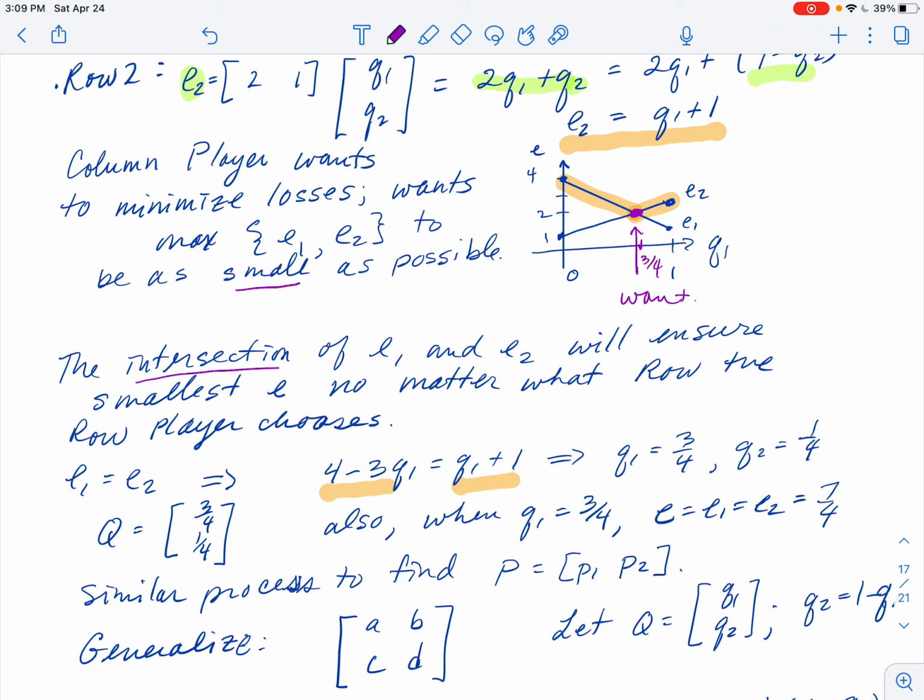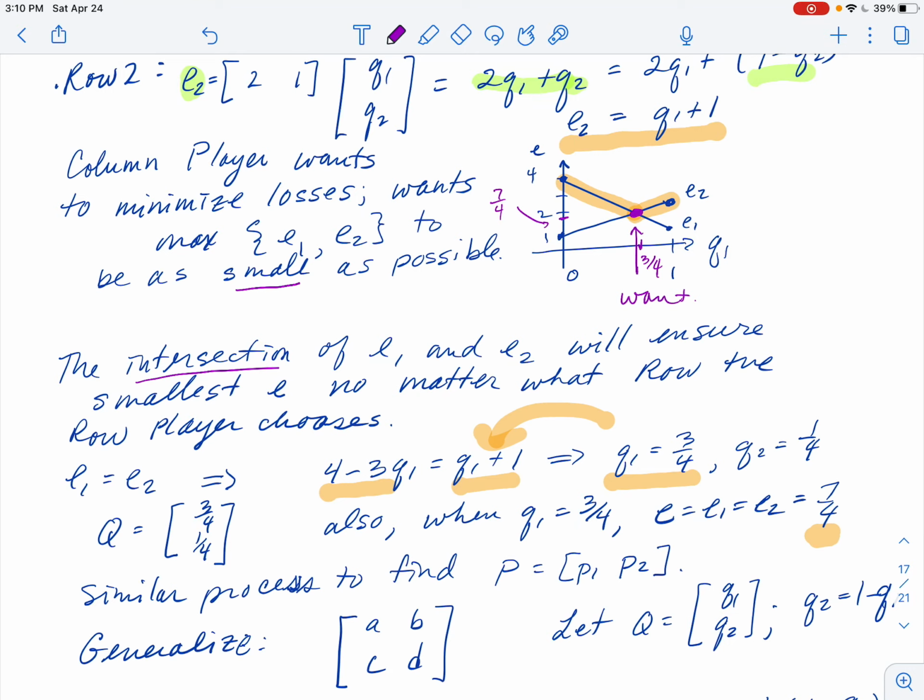And also notice if we put this Q1 into either one of these formulas, let's put it into this one here, then we would get our E value of 7/4. And it would also work if we put it into the first equation because it's an intersection, right? And so that is right here, 7/4, just under 2.